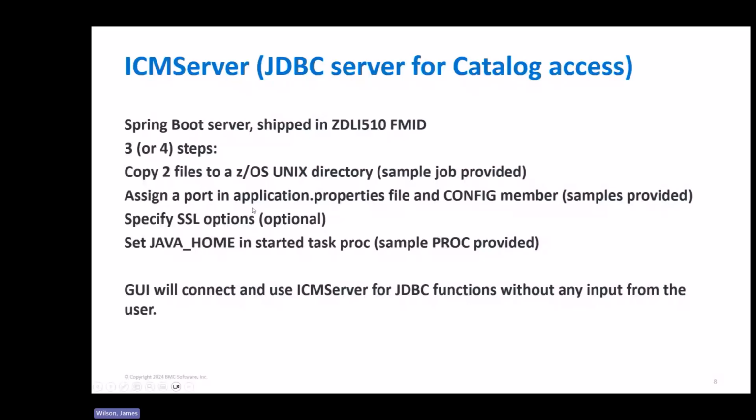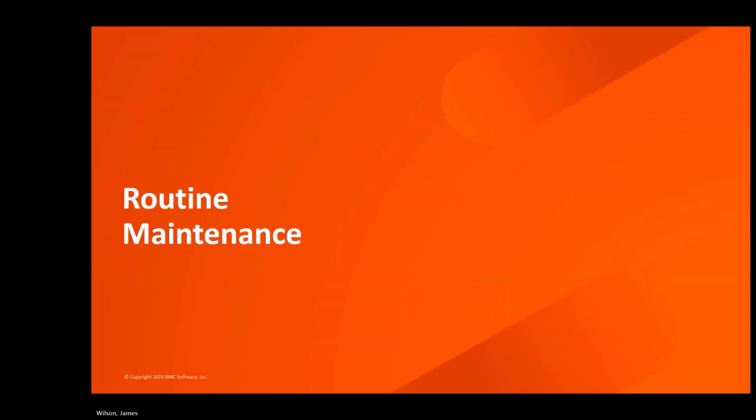And then since it's Java, there's a way to configure where Java exists on that system too. But that's about it. You can then just launch it as a started task, and the GUI product will automatically use it under the covers. There's no need to explicitly connect to it via the GUI. It'll find it.